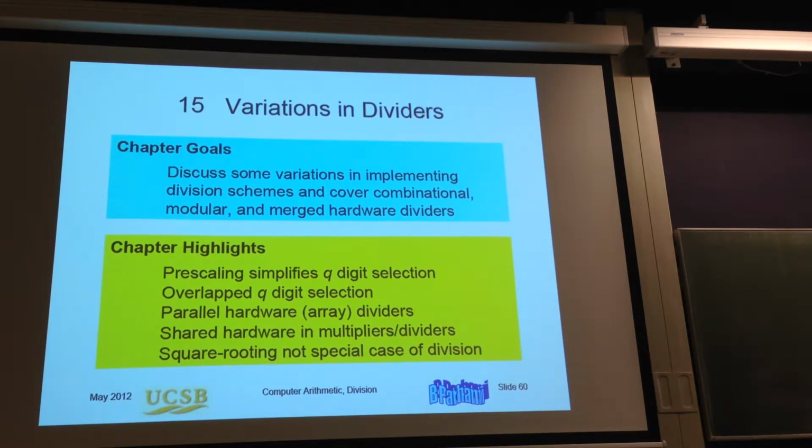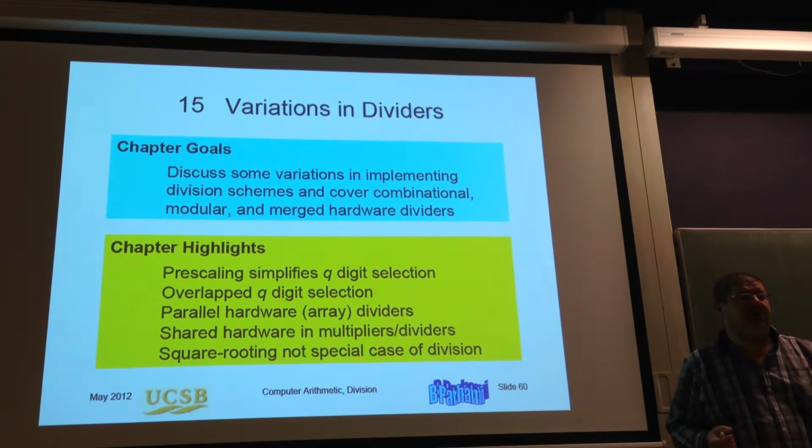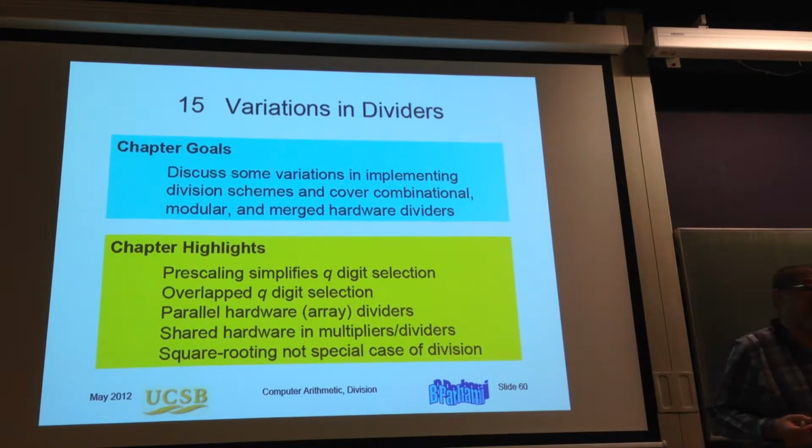Okay. Now, what we saw is that division is a convergence process that by its nature is serial. We can rely on high radix, but high radix is complicated, the digit selection, and then we moved our problem into geometry. We make a drawing, we have a space, we do some kind of partition of the space, and then we have the decision for the quotient based on a kind of partition of this area.